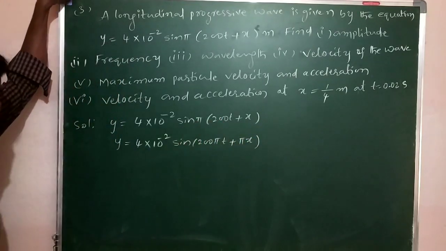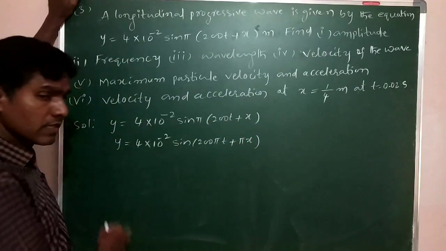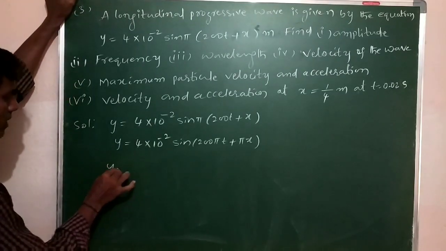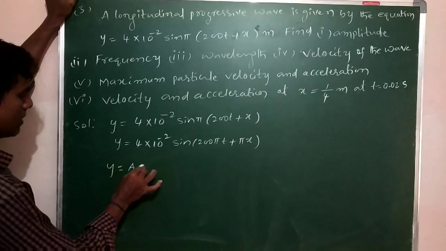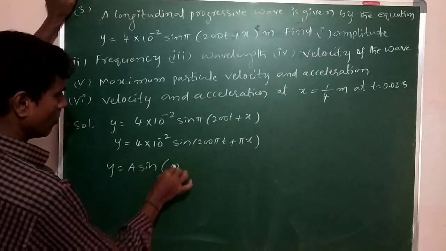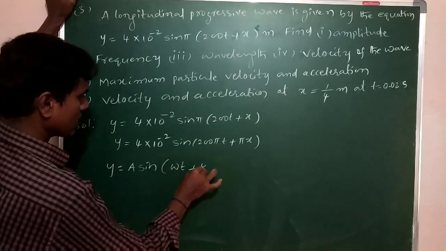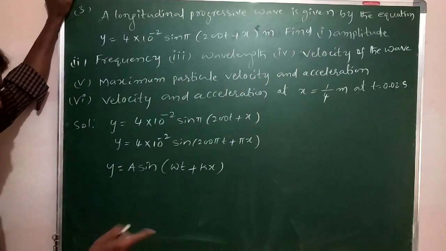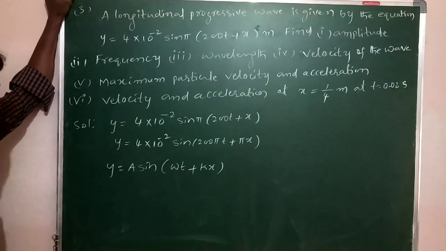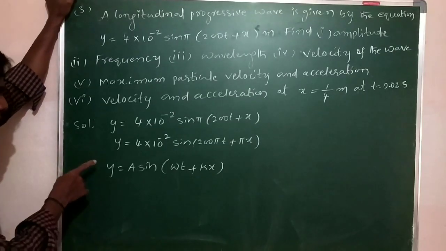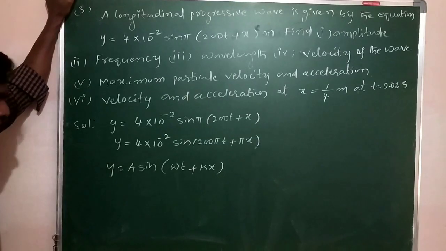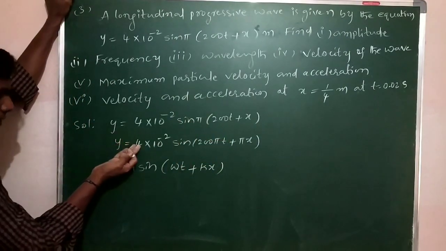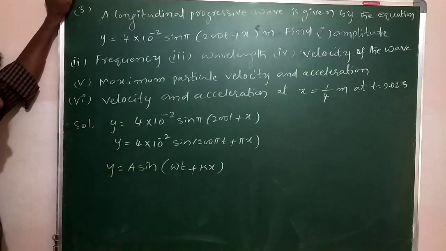It is compared with the wave equation y equal to a sin(omega t plus kx). When it is represented like this, the wave is moving along the negative x direction. So the given equation is compared with this equation.